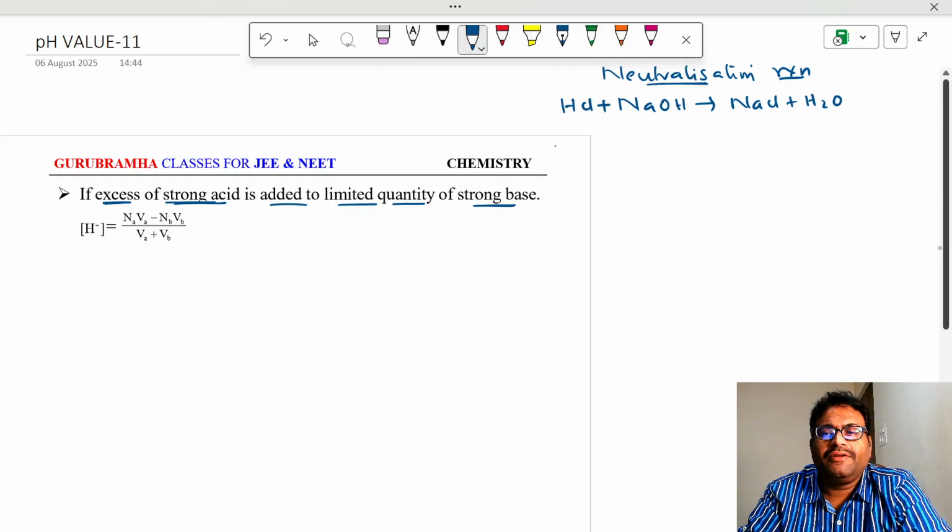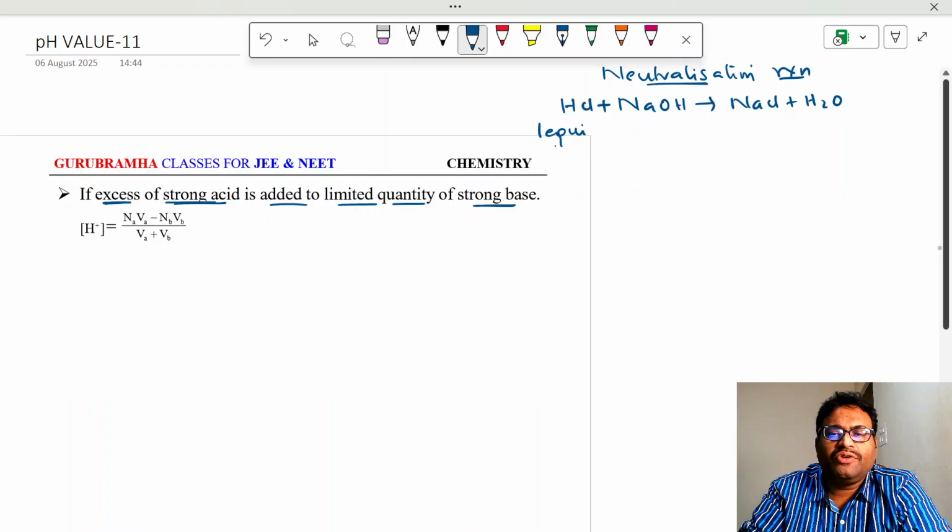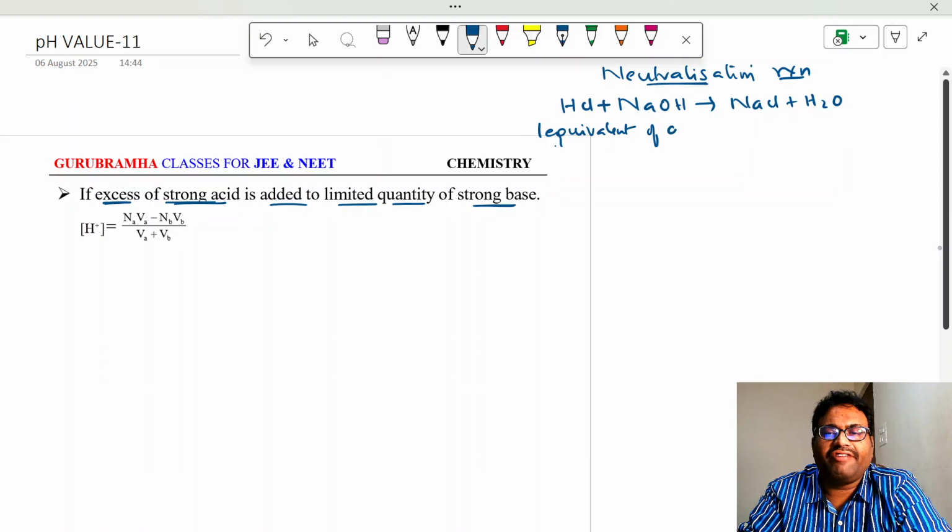So from this reaction, I can say that one equivalent of acid completely reacts with one equivalent of a base.